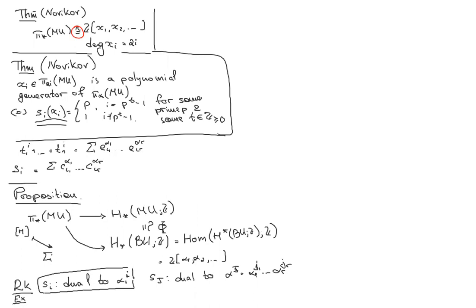So this map sends this stably complex manifold into the following sum over j of m, which is a number, times alpha^j, summed through all j's.